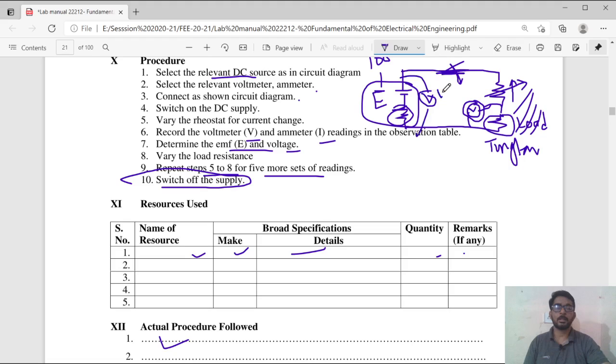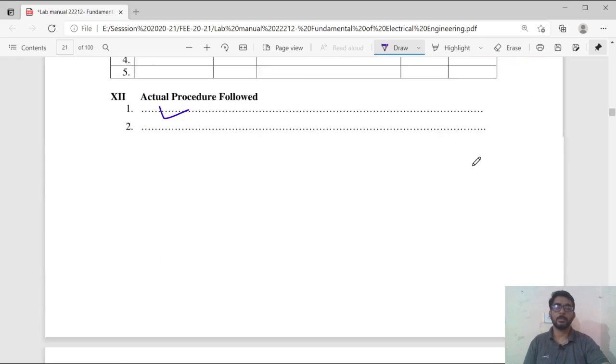You will find V1 is not equal to V2 under some conditions. Ideally V1 is equal to V2, but practically V1 is not equal to V2 due to the internal resistance, the property of the material due to which internal resistance develops, and due to that this voltage may drop.